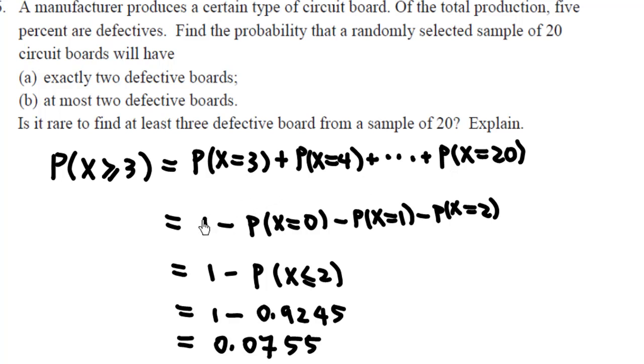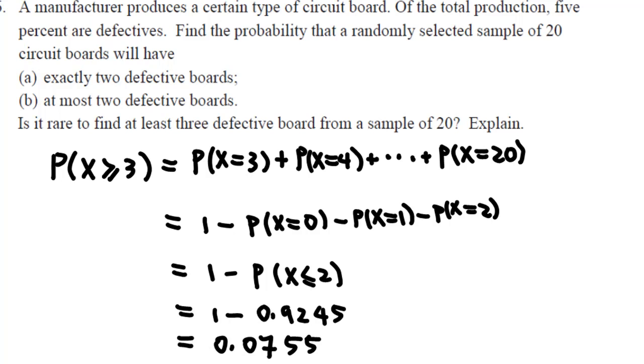However, we can take a simple way out by using 1 subtract the probability x equal to 0, subtract the probability x equal to 1, subtract the probability x equal to 2, which we actually did in part B already. That is 1 minus the probability of x less than or equal to 2. We get 1 minus 0.9245, which is equal to 0.0755.